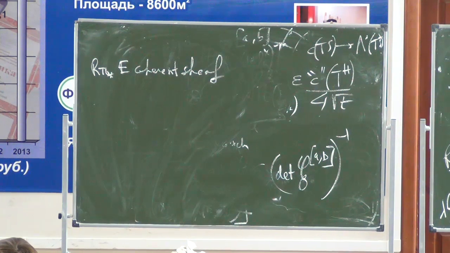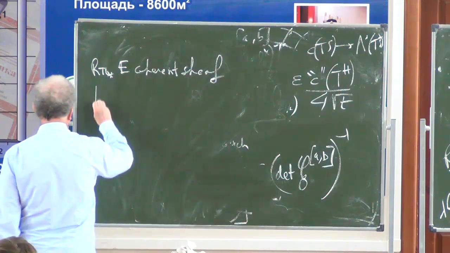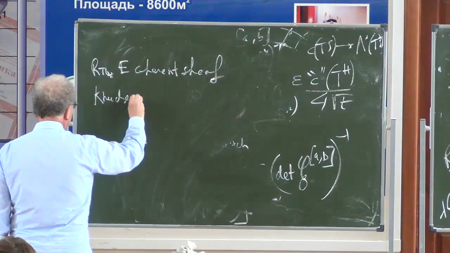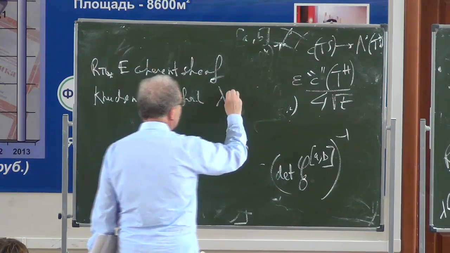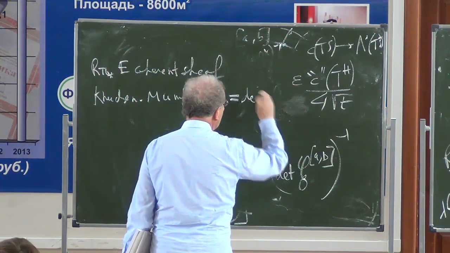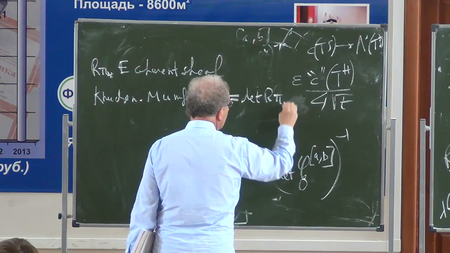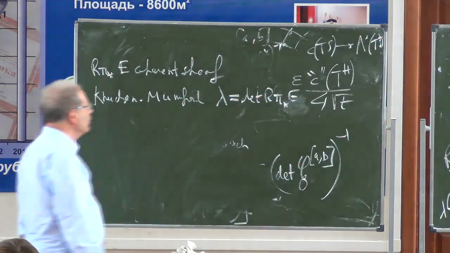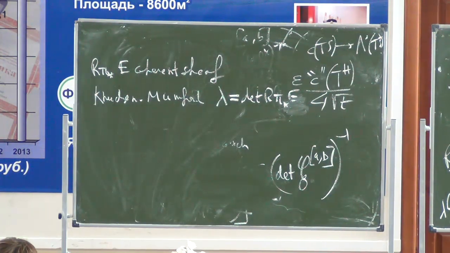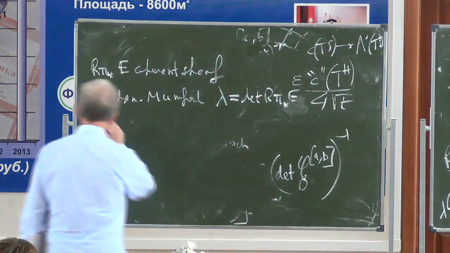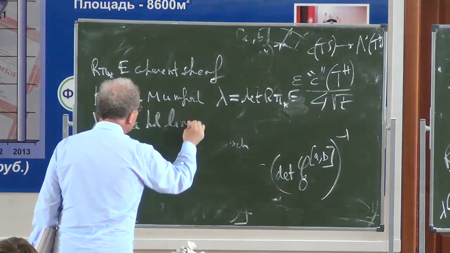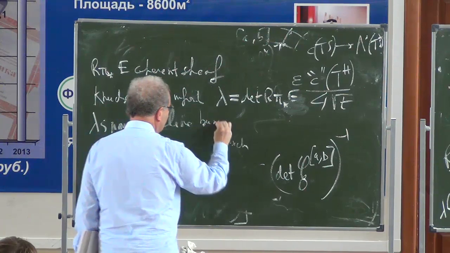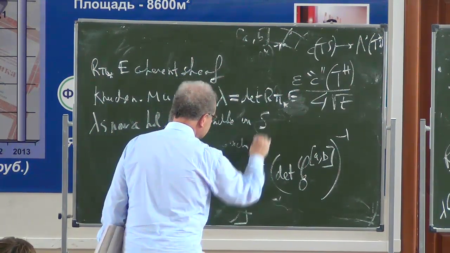And by a construction of Knudsen and Mumford, there is a certain holomorphic line bundle, which I will call the determinant of Rπ_*E. So even though the direct image is just a coherent sheaf, you can construct its determinant, which is λ, now a holomorphic line bundle on the base S.